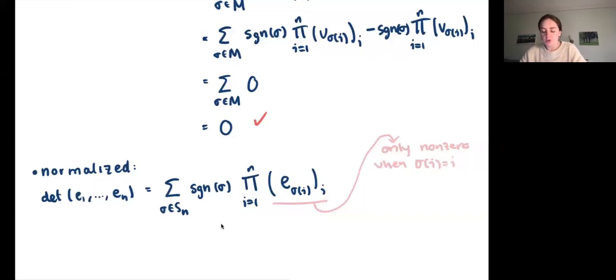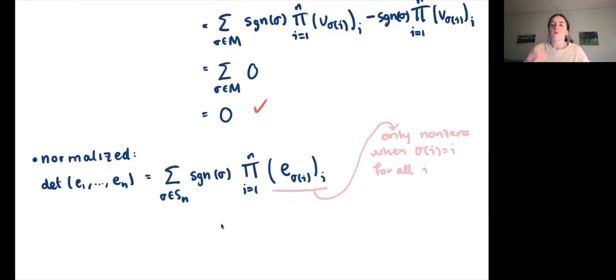And we need that to be true for all i in order to get a non-zero term. Okay, so what does this mean? Only the identity permutation gives me a non-zero summand.